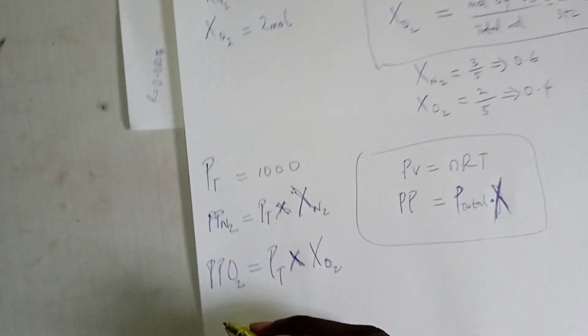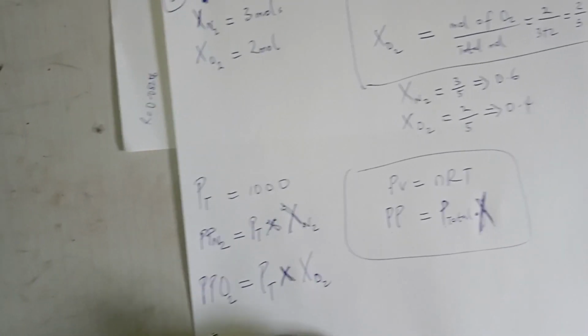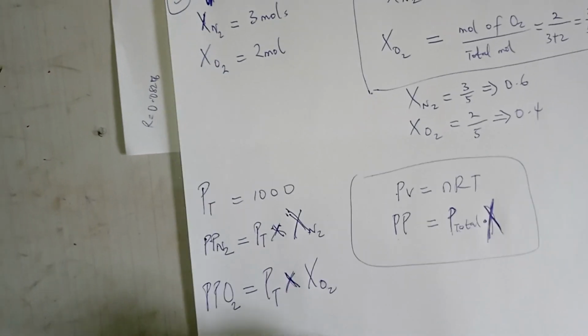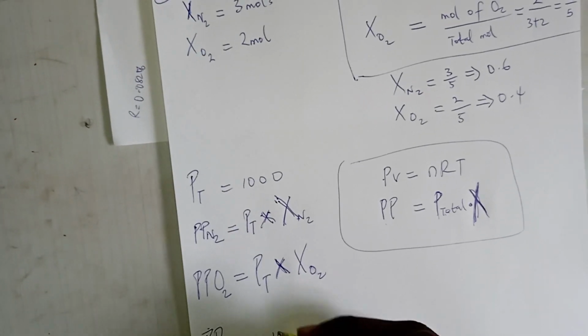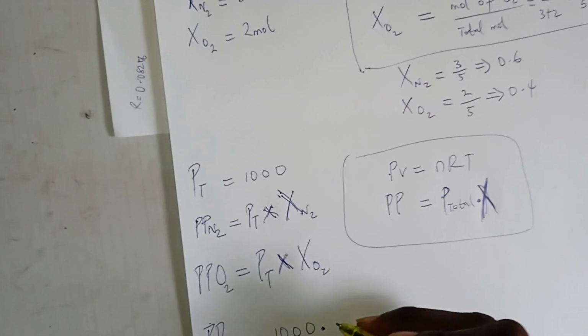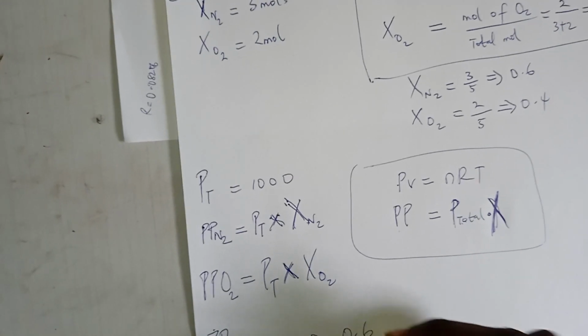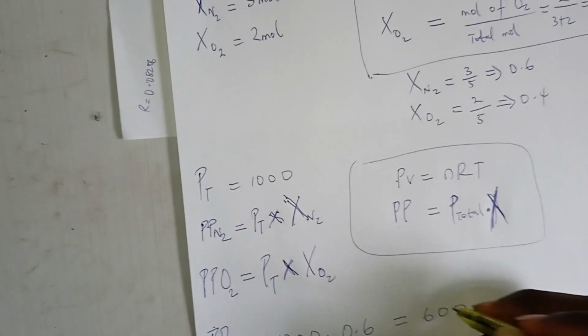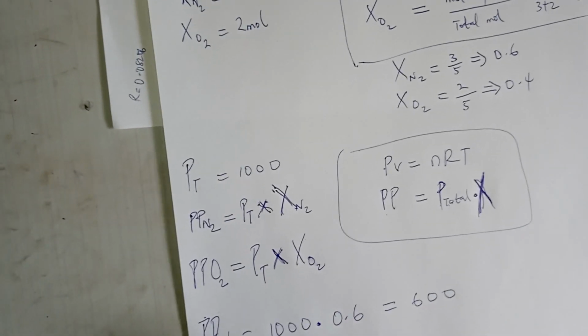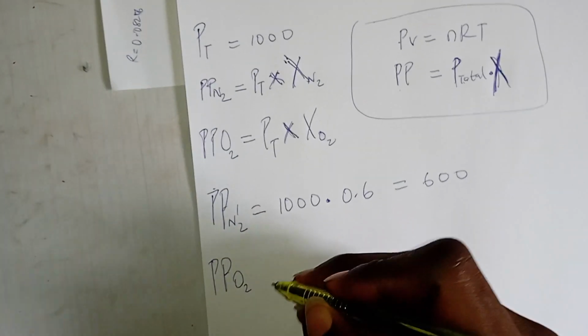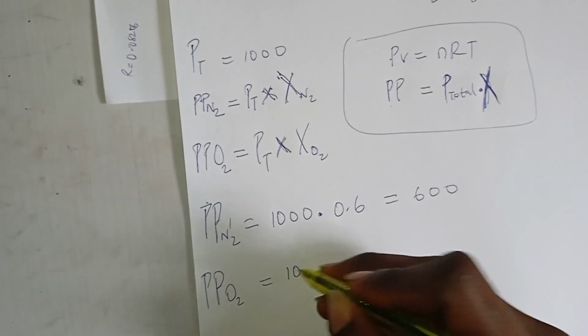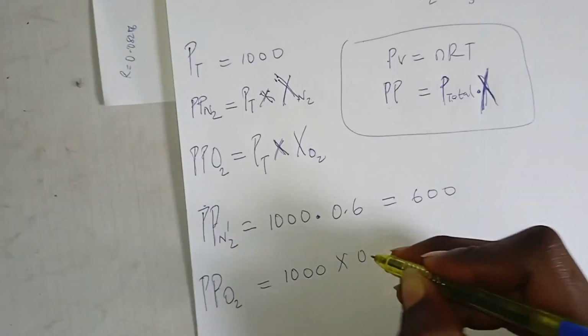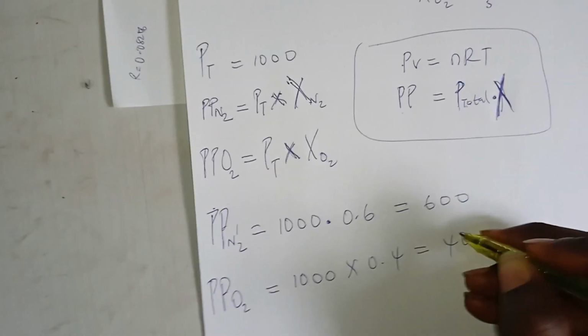So if you use that principle, we now have that the partial pressure of N2 will simply be equals to 1000 dot 0.6, which will give you 600. Then partial pressure of oxygen will be equals to 1000 times 0.4, which will give you 400.